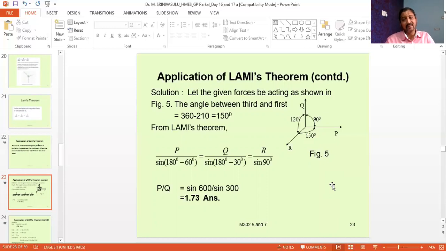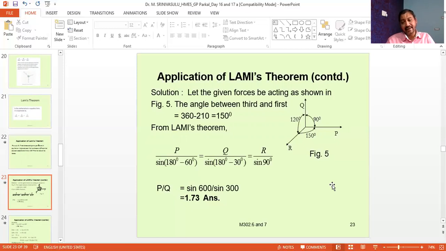So we know that the total angle is equal to 360 degrees. Here we got 90 plus 120, the value is equal to 210 degrees. So the remaining angle is equal to 360 minus 210, that is equal to 150 degrees. So like this, we have to find the third unknown angle.